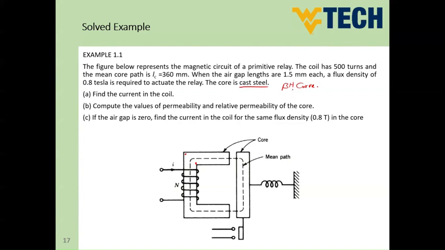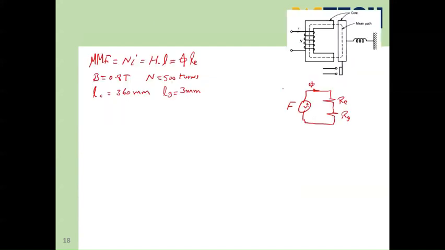So we know these data now, and we also have the BH curve, and we can use our curves for the cast steel to see the required values of B and H.